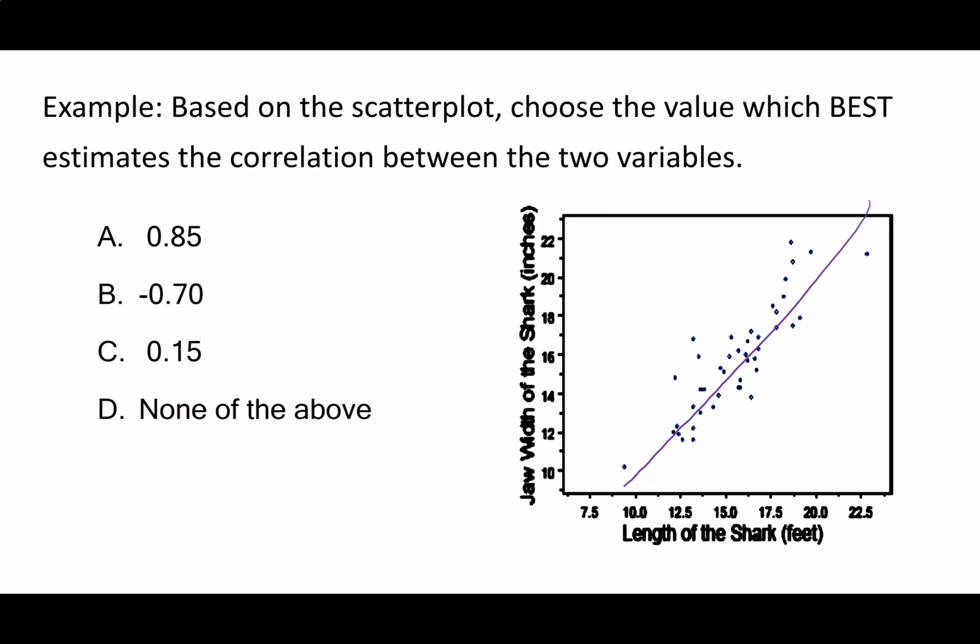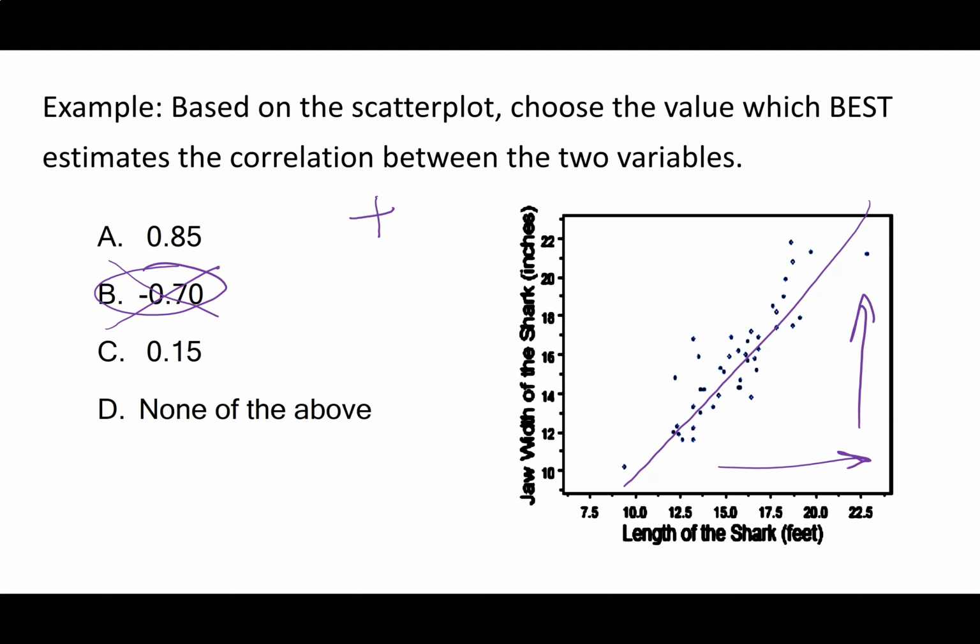I'm not saying that this is exact or anything, but looking here, it does look like I have a somewhat strong linear relationship here. And not only that, as X increases, so does Y. So I should have a positive correlation coefficient. So right off the bat, I can say, well, it's not negative 0.7. It's not a negative value.